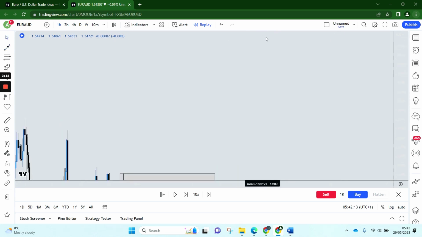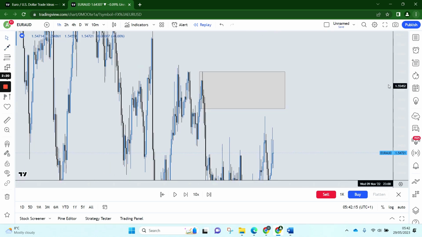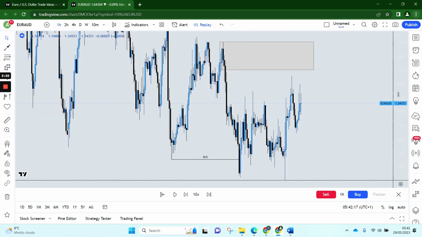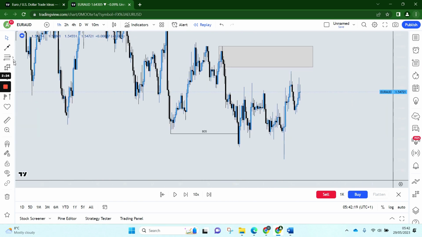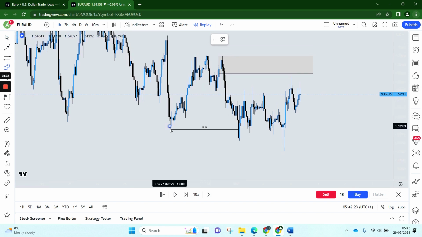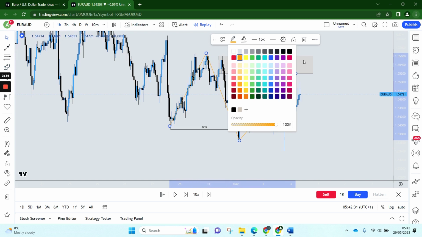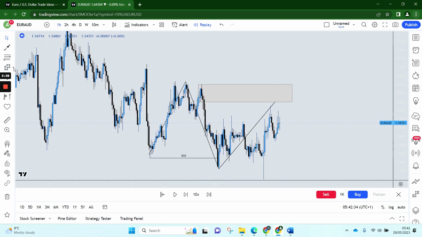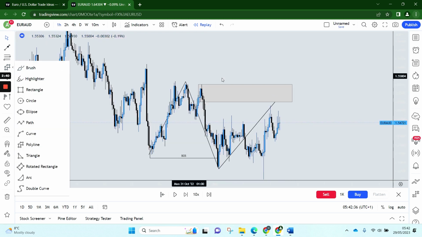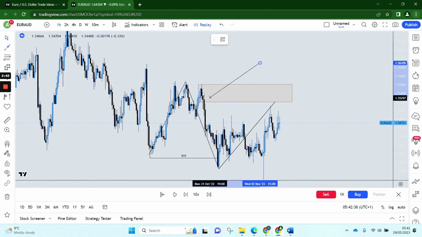So let's have a look at an example on Euro AUD. For instance, this is our external structure, which is the 1 hour. Why? This is a lower low, a lower high, a lower low, and we obviously expect a lower high to be made here. This is our higher time frame supply over here.